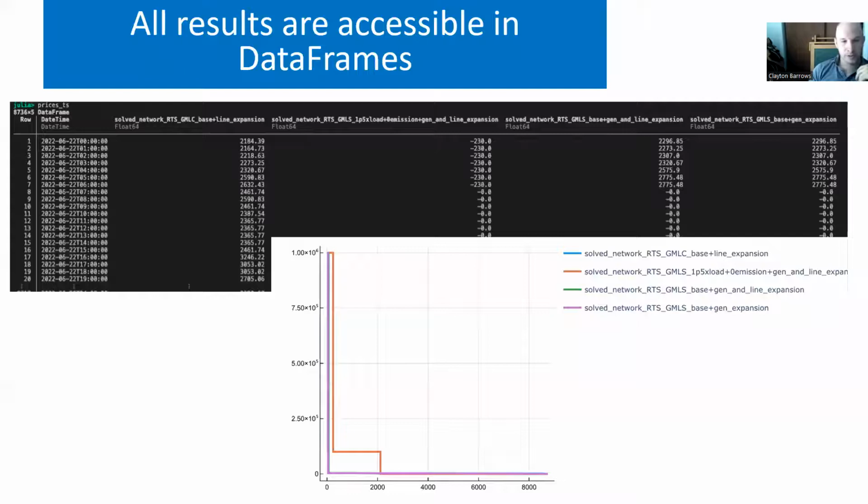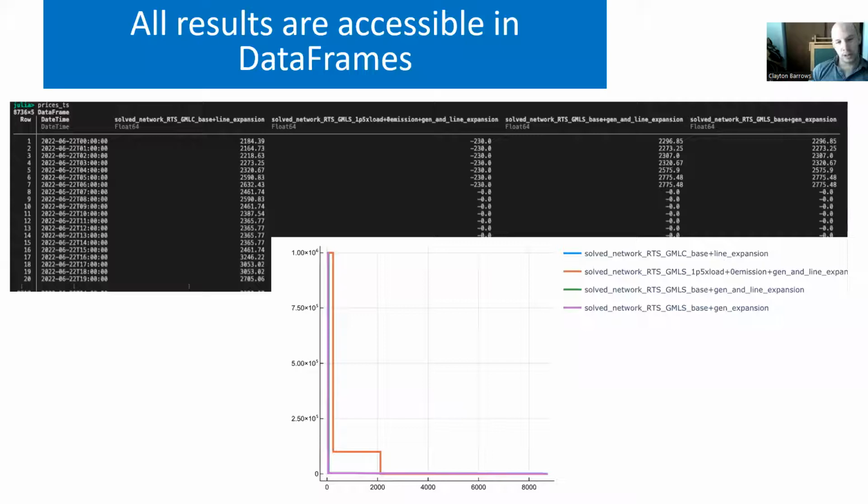So all the results are exposed in data frames, and that's really, I think, one of the powers of these types of modeling capabilities that exist within a complete language that's suitable for data analytics. This is a plot I just made this morning based on the data frames that are available in the results of prices.